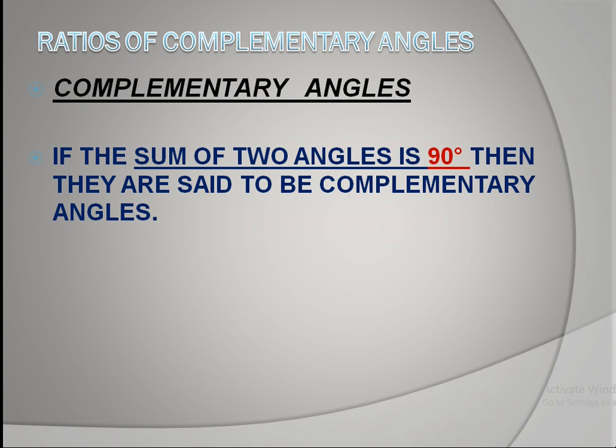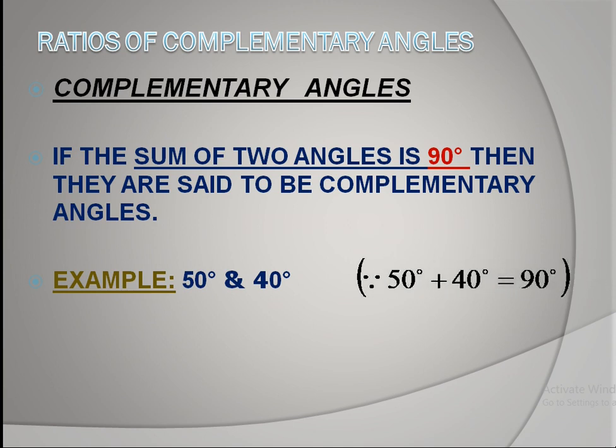If the sum of two angles is 90 degrees, then they are said to be complementary angles. Let's see an example. Here it is 50 degrees and 40 degrees. These are complementary angles because 50 degrees plus 40 degrees is equal to 90 degrees.